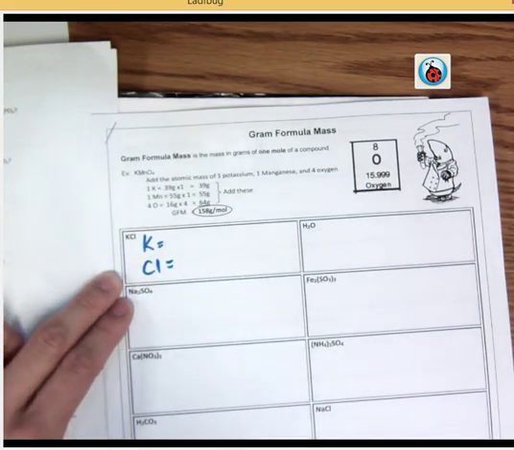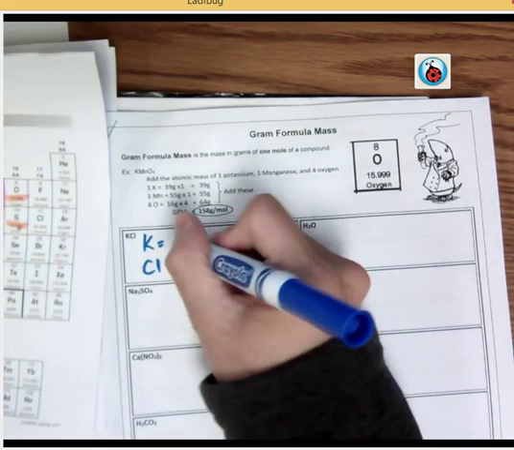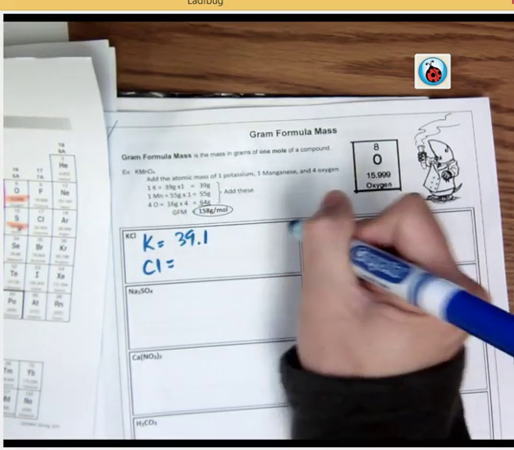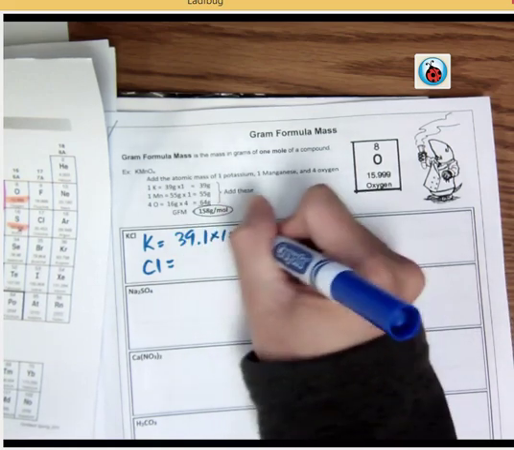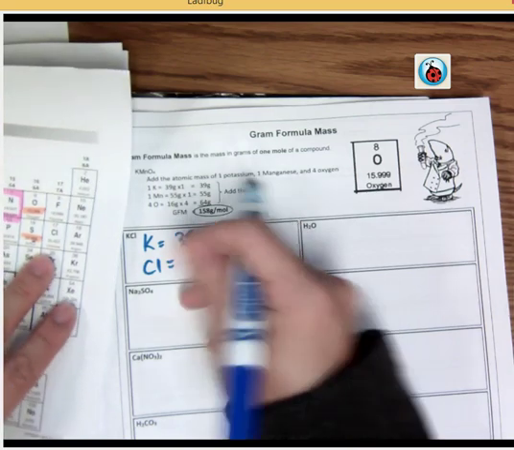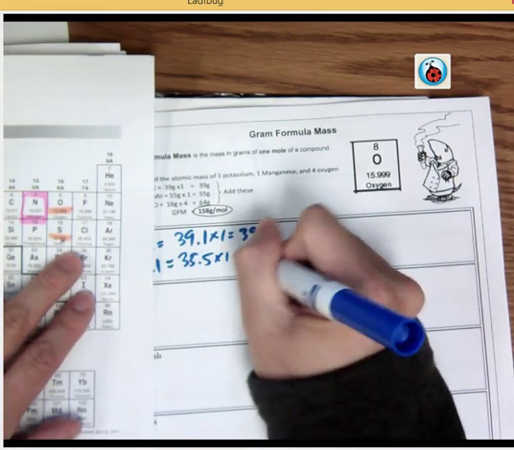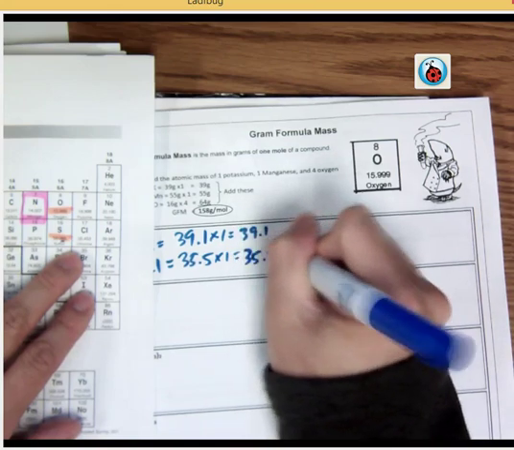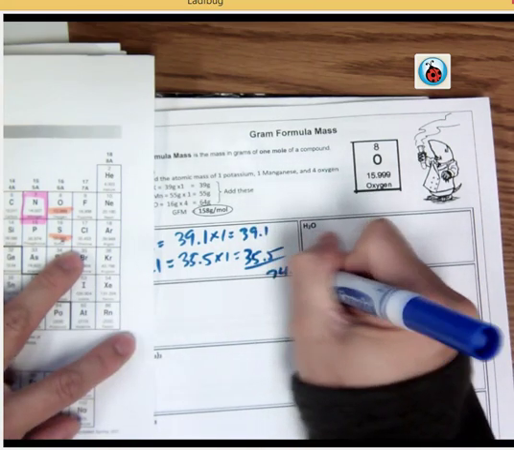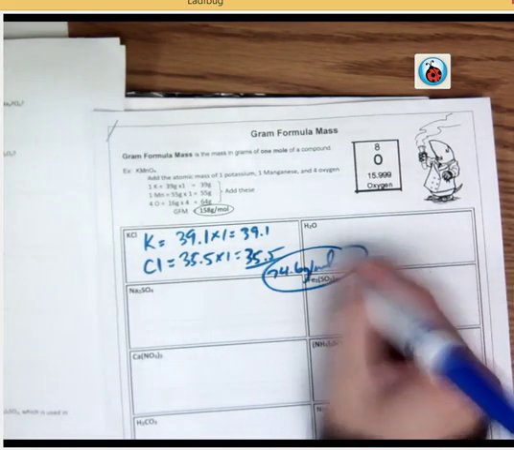You get the mass of potassium, which is 39.1. It's only one of it, so you just multiply by 1, 39.1. And then chlorine is 35.5 times 1, 35.5. So the total is 74.6 grams per mole. That is the total.